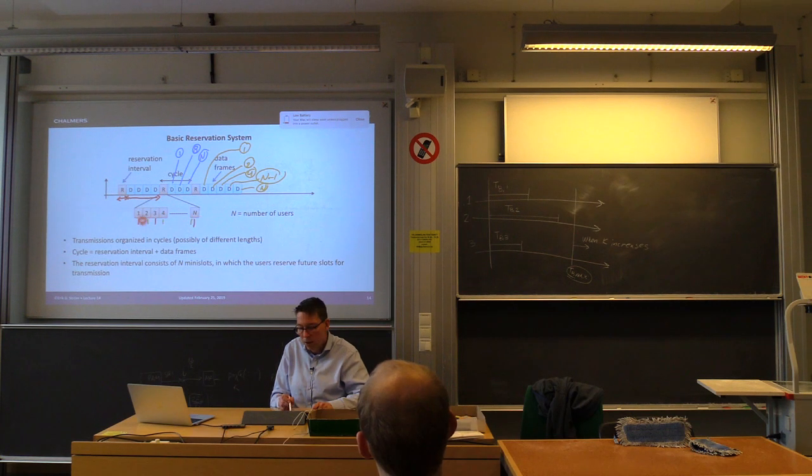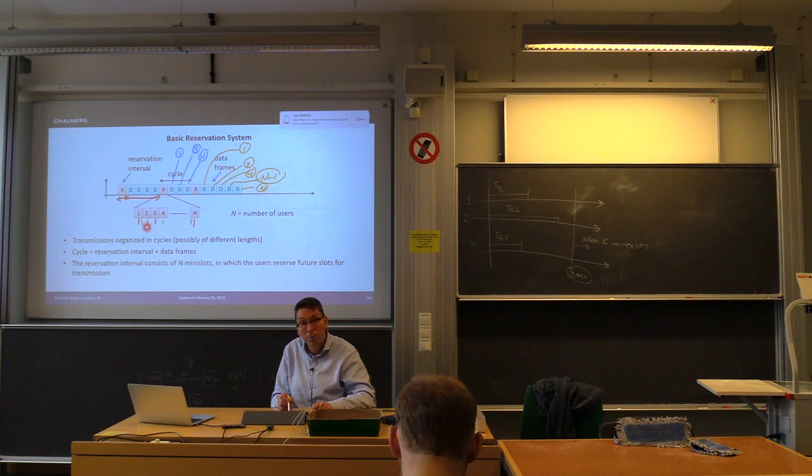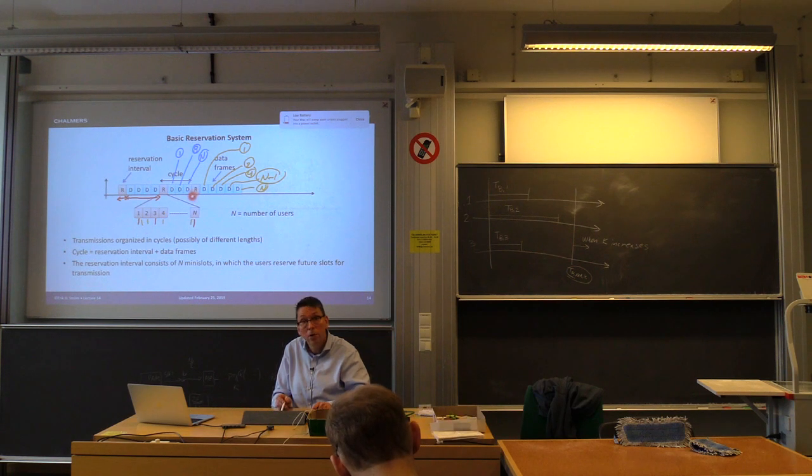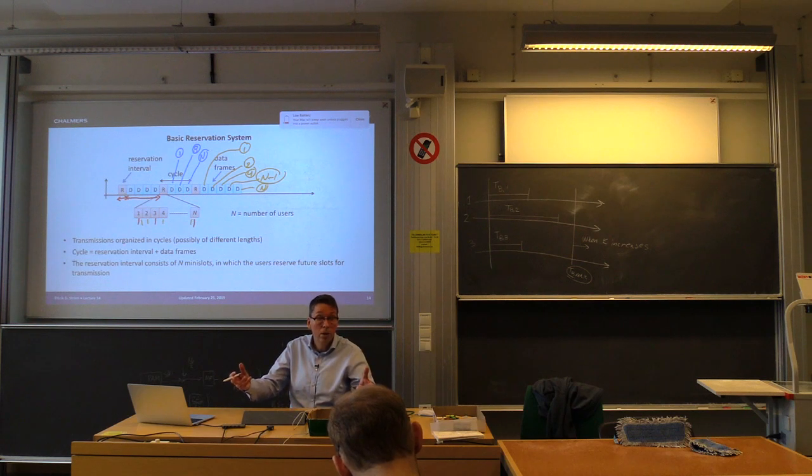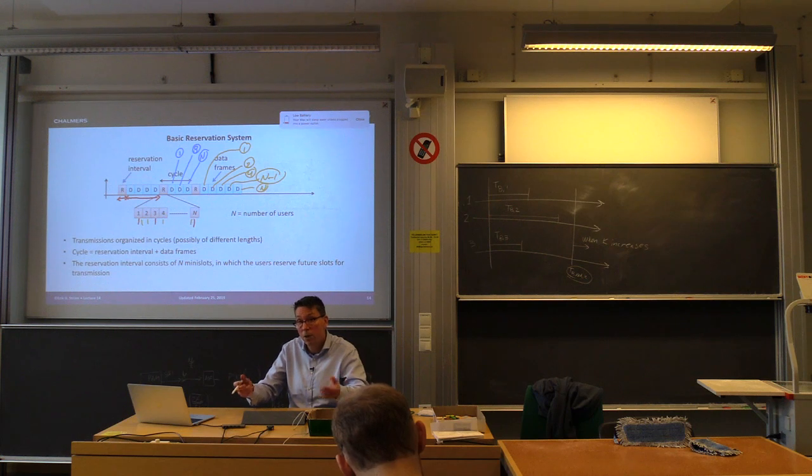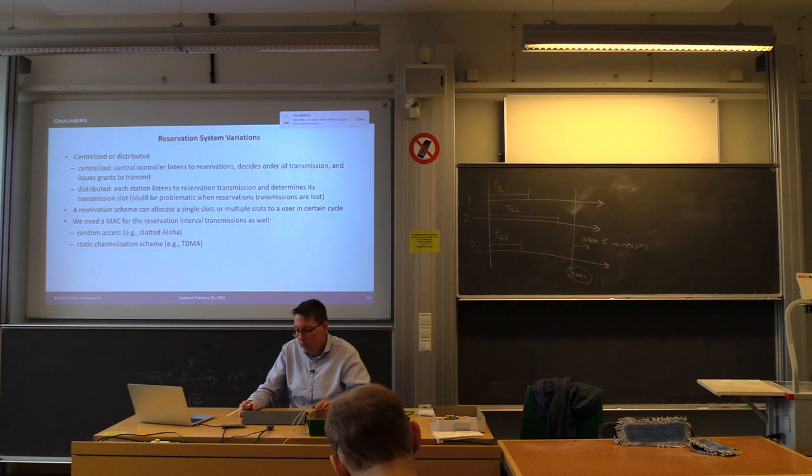In the sense that how do we organize this access of the mini slots to the users? So we need a MAC scheme for the reservation part in order to implement a MAC scheme for the blue part. Right? We use the medium to do coordination. As soon as we use the medium, we need a MAC scheme. Right? So what has actually been gained here?